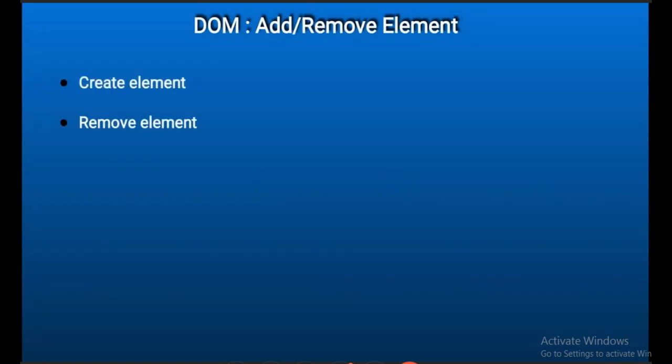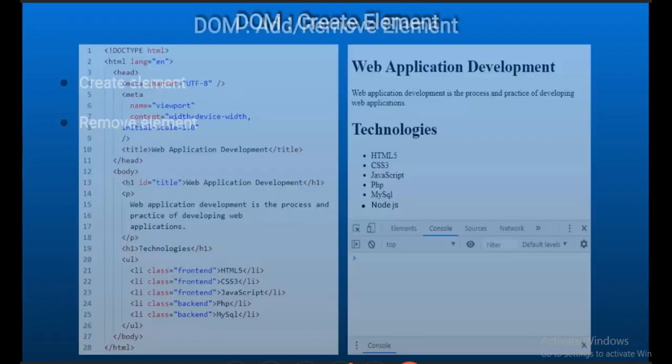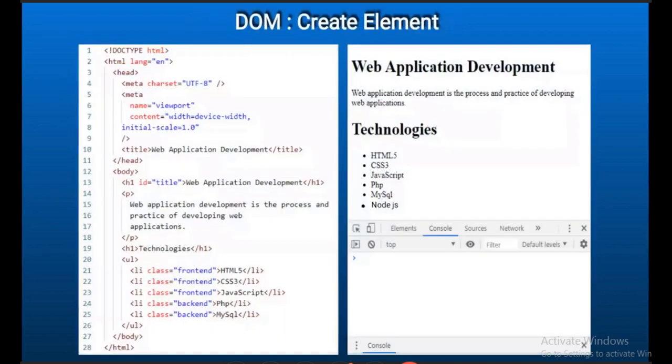That means an HTML element that previously was not in the HTML DOM will be pushed into it. We can add a new image or a new heading into that web page dynamically. Similarly, we can remove things also.